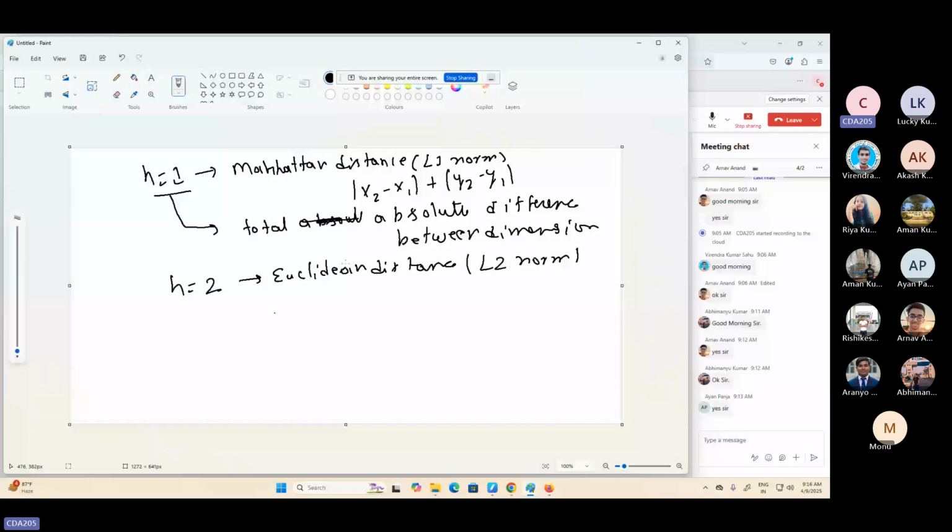When we are taking h is equal to 2, it implies that it is a Euclidean distance, and in Euclidean distance, what we are doing? That is the straight line distance in Euclidean space.